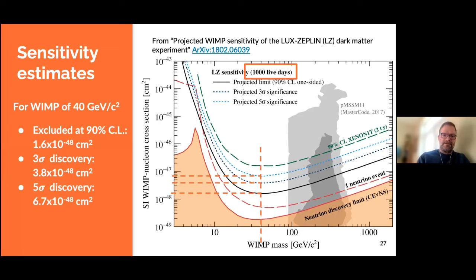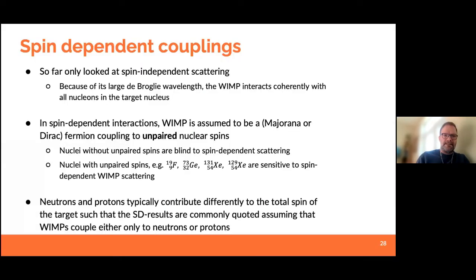Okay, so far we've only looked at spin-independent scattering, but we can also have spin-dependent interactions. In this case, the WIMP is assumed to be a fermion that is coupling to an unpaired nucleon spin. For these interactions, it really depends on your detector material.